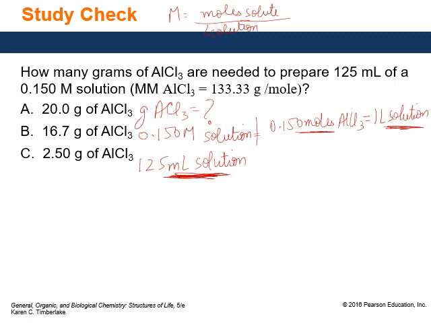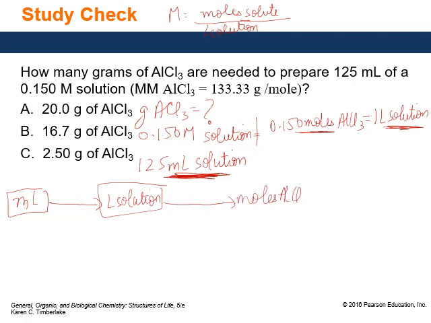The question is giving me ml of solution, so my first step will be to convert this ml into liters of solution. Then I can go from liters of solution to moles of AlCl3 using this conversion factor. Then I can go from moles of AlCl3 to grams of AlCl3 using the molar mass.